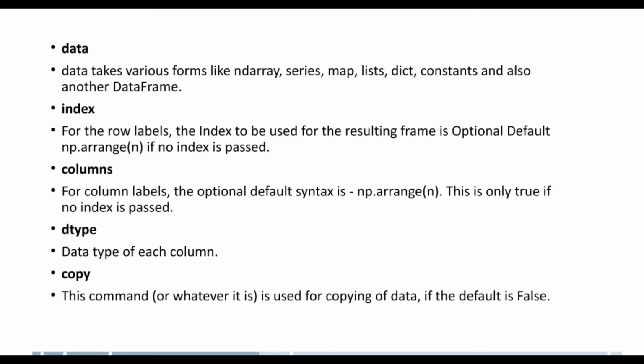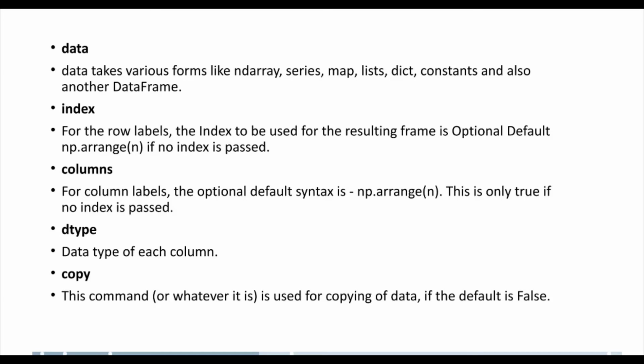What is data? Data takes various forms like ndarray, series, maps, lists, dicts, constants, and also another data frame. What is index? For the row labels, the index used for the resulting frame is optional, with default np.arange(n) if no index is passed. Basically, index is just to number the rows.